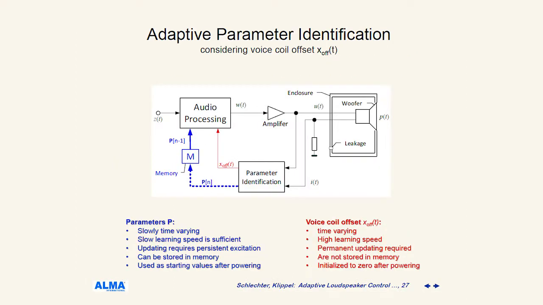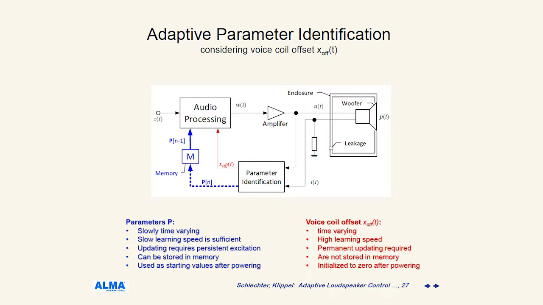So our idea is now, if we don't learn all parameters, we might be able to learn just one parameter, and that might be sufficient to explain the instantaneous changes in the loudspeaker to a certain degree. So we don't learn a different curve shape of the BL curve, but we shift all curves, all nonlinear curves, to the right, to the left, to find the perfect position where currently the voice coil is located.